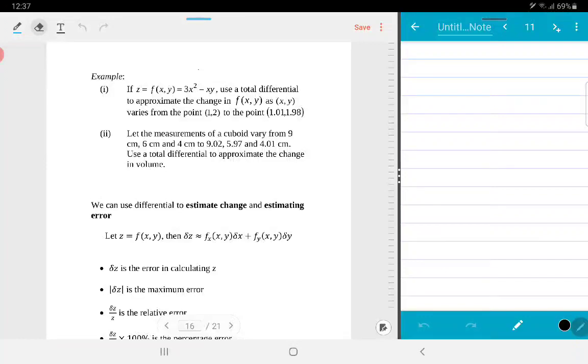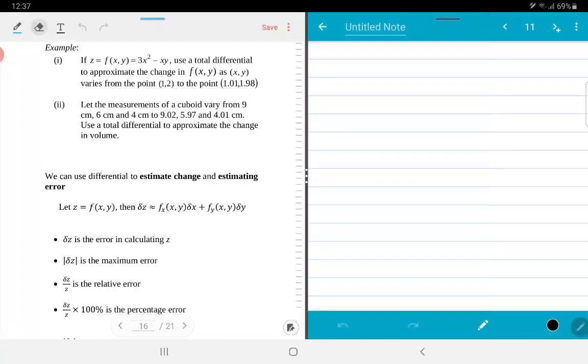Right, now let's look at an example. In the first example, we're given z equals 3x squared minus xy. Use a total differential to approximate the change in f as x, y varies from (1, 2) to (1.01, 1.98).